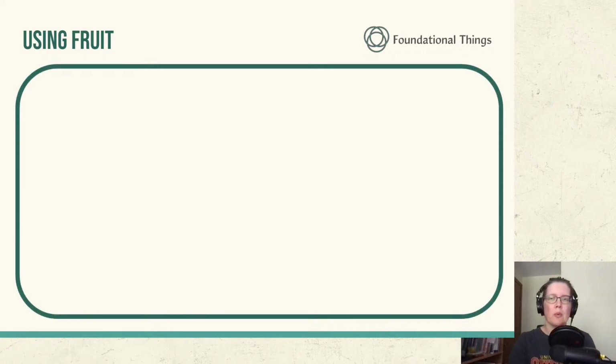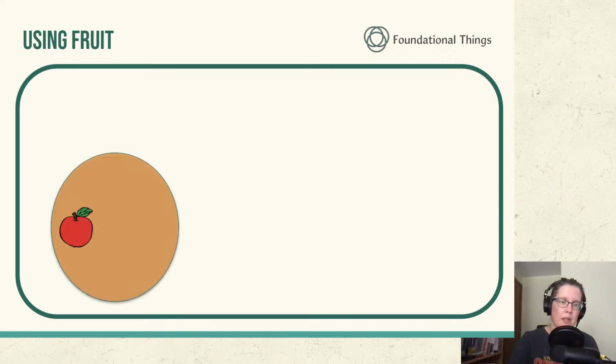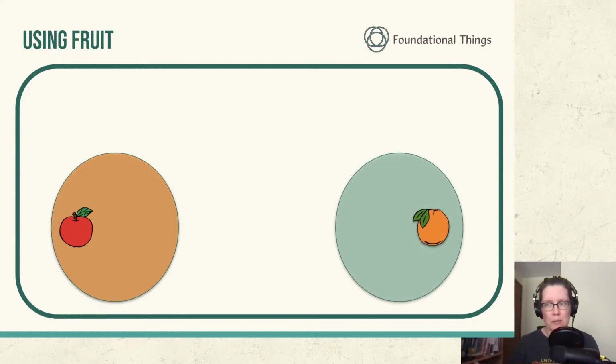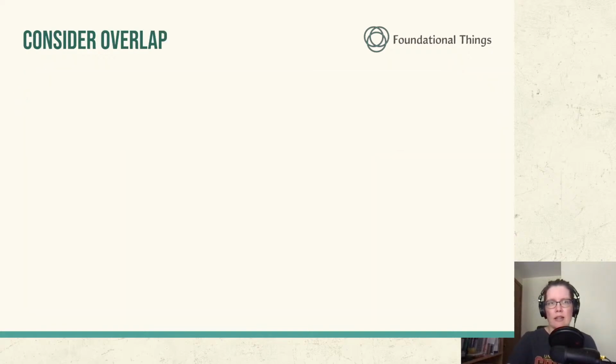So we're going to consider just the world of web pages that have anything to do with fruit. We're going to try to make a smaller example for ourselves to focus on here. So in that big wide world of fruit, we have web pages that have the word apple. And we have a bunch of web pages that have the word orange. And that's great. But we have to consider that there's potentially going to be some overlap.